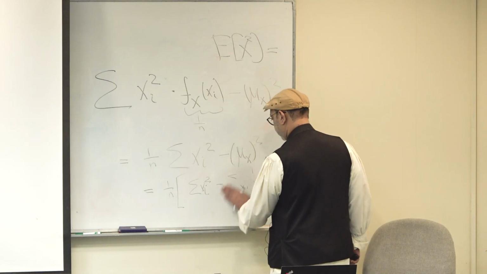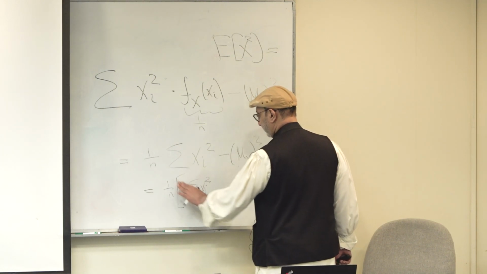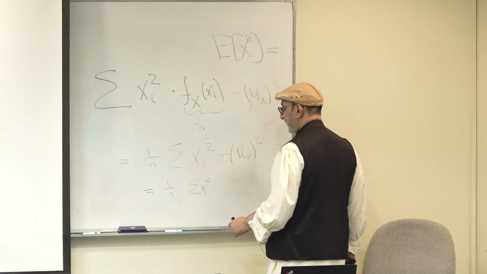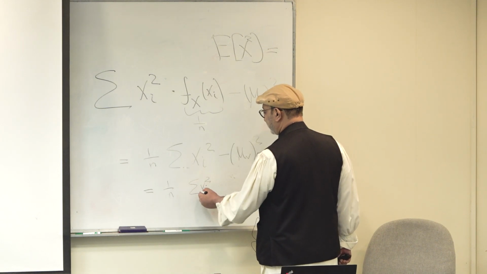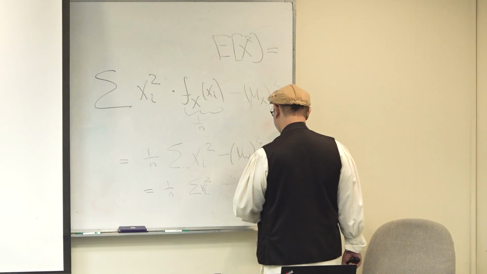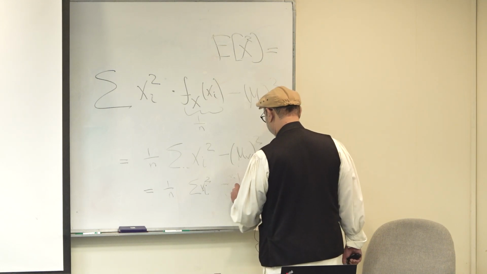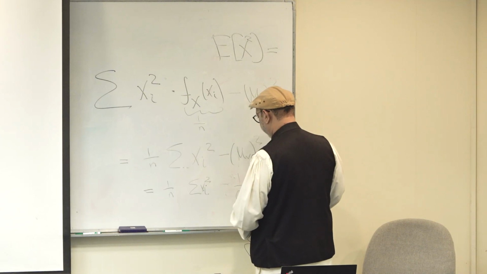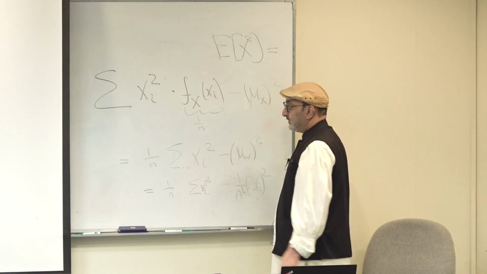Sorry, I'm messing this up. Let me not simplify. 1 over n times the summation of the squares minus the summation of the xi times 1 over n, squared. Okay.